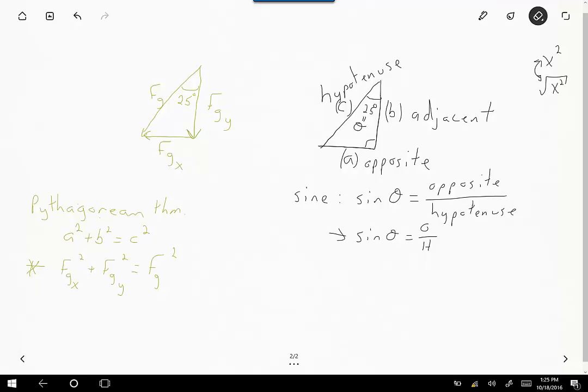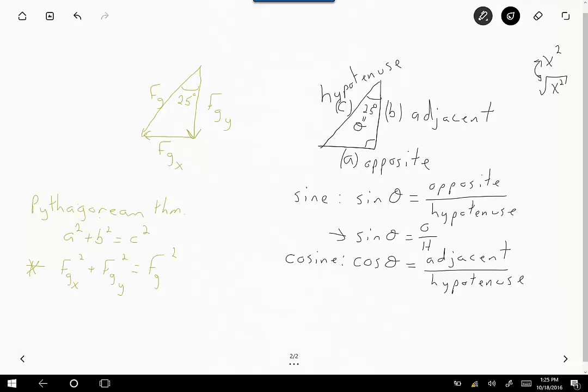We also have cosine theta. Cosine is abbreviated COS. When we take the cosine of theta, we are taking the adjacent side and dividing it by the hypotenuse, so cosine theta is equal to adjacent over hypotenuse. The last one: we may not know the hypotenuse.